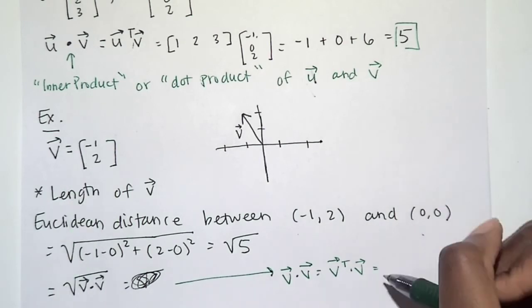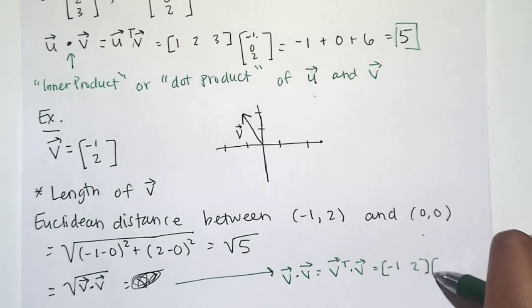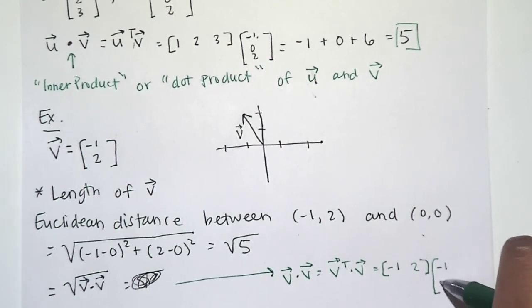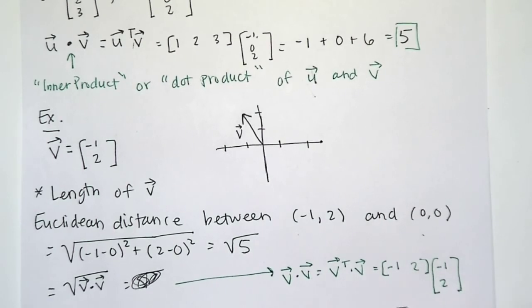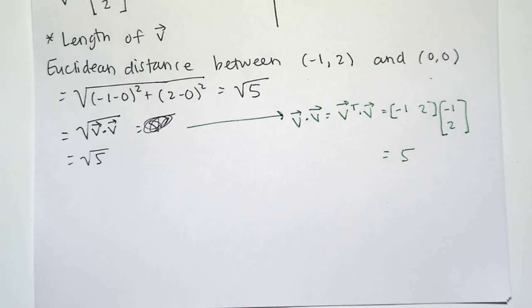So v transpose is a row vector, -1, 2, times the column vector, -1, 2. Multiply that together and get 5. So this is also the square root of 5. And this is actually what we're going to use to determine the length of any vector in any dimension, not just in R2. So let's get that definition.